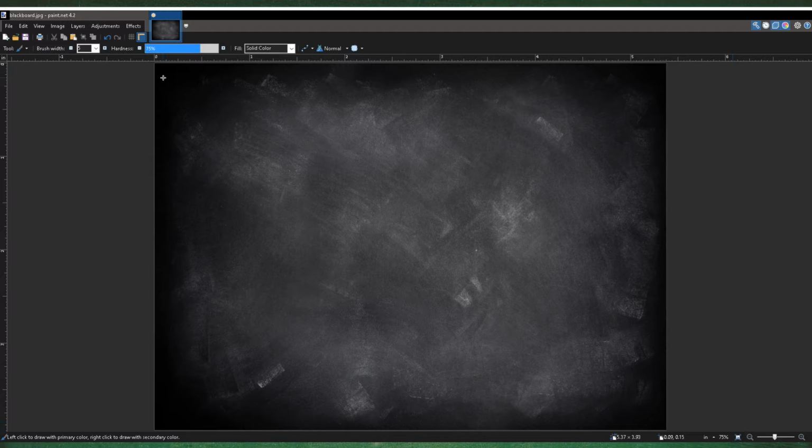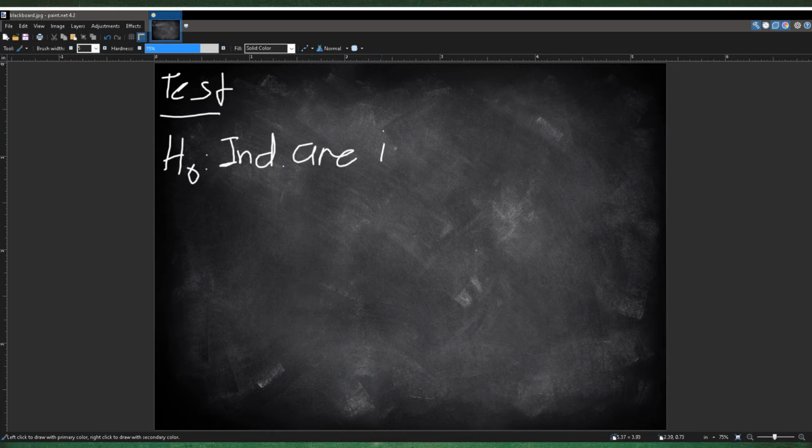Okay, your actual test, which your null hypothesis (H0) is that, whatever you have to put inside the context, basically the individuals are independent of each other because you're talking about the elements inside the one sample.